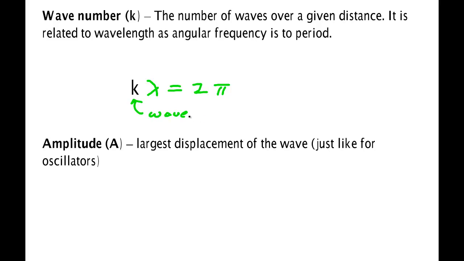Now, we'll not find the wave number to be as useful in this course, but it's in fact often more useful in upper level classes than is the wavelength. The reason is there's a connection between k and linear momentum, and there's a connection between k and some other things in advanced math called Fourier analysis.